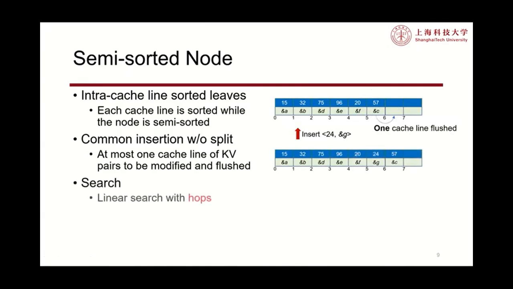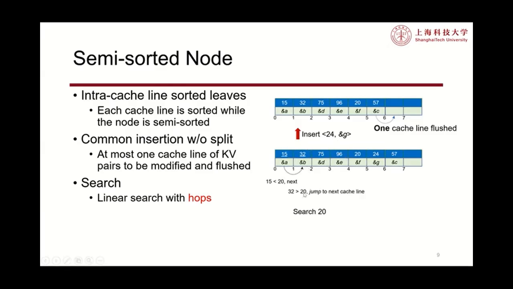For the search, we use an algorithm called linear search with hops. What does this mean? Let's see. We want to search for 20. We compare here and find that 15 is less than 20, so we go to the next element. However, here we find that 32 is larger than 20. Because this cache line is sorted, we know that 20 will not exist after a larger key, so we just jump to the next cache line.